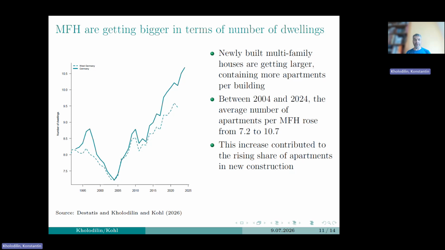Now it exceeds 60%. So knowing that flats are smaller than single-family houses, it's no wonder that the average newly built housing size started to decline. So these are the factors that determined the decline in the average newly built housing size.